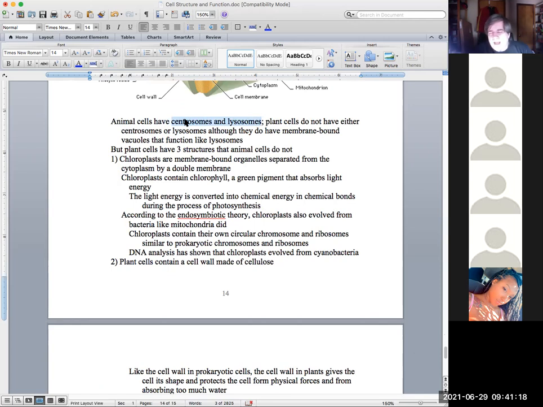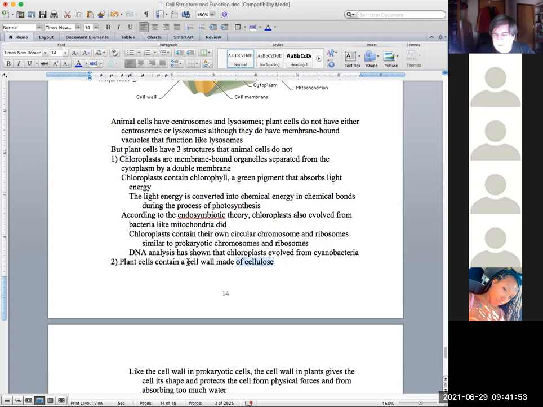Now, we have to keep in mind for these two things, although plant cells don't have exactly the same thing as centrosomes, they don't have exactly the same thing as lysosomes, they do have little organelles that do the same job. Animals, on the other hand, don't have any organelles that do what chloroplasts do. If you had something that was like a chloroplast, you could go sit outside on a nice sunny summer day. Not today, but you could go sit outside on a sunny summer day and you could make your own food.